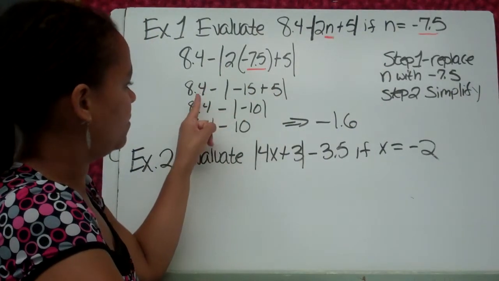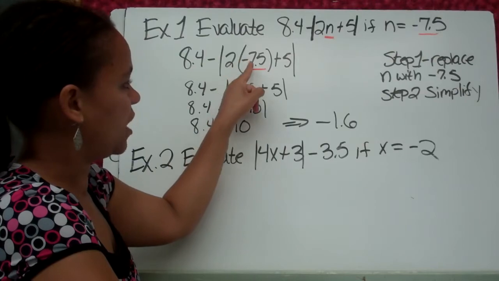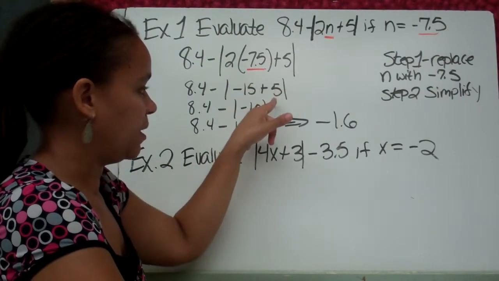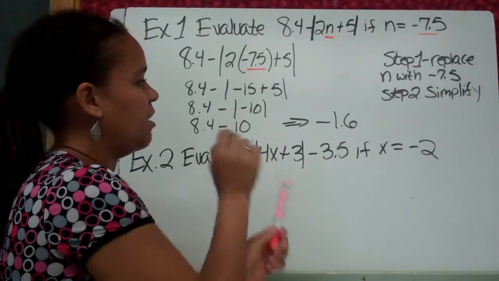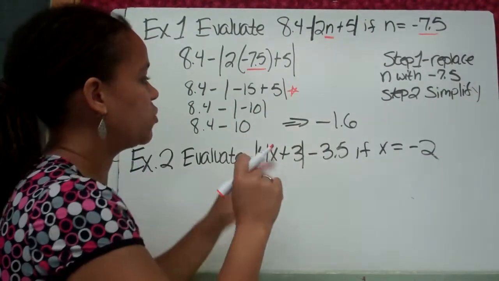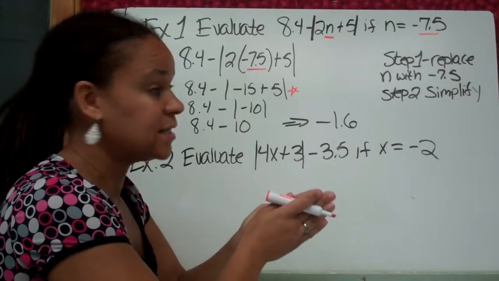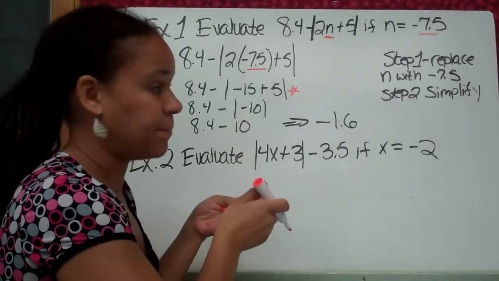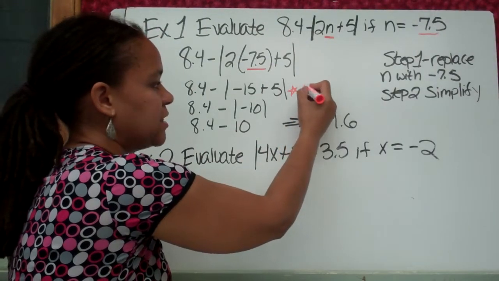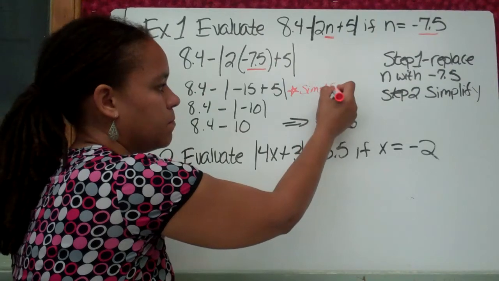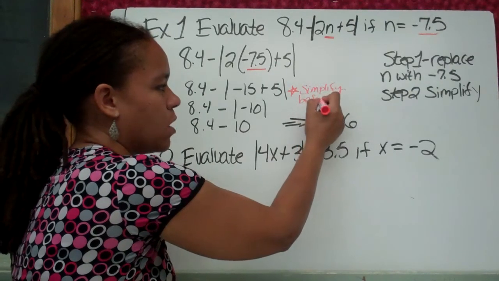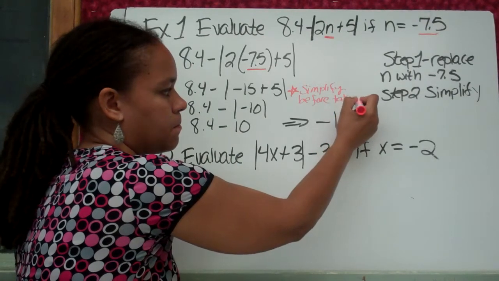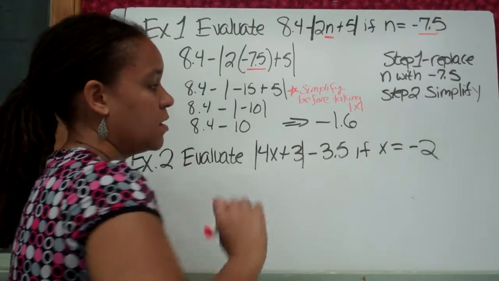Then we simplify. I haven't changed anything out here. 2 times negative 7.5 is negative 15, and then we carry down the plus 5. And here I want you to be careful. Wait until you've simplified all the way down before you take the absolute value of the number.